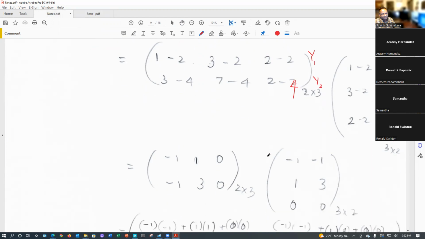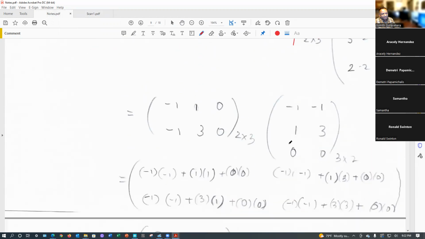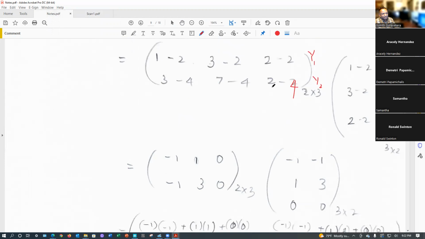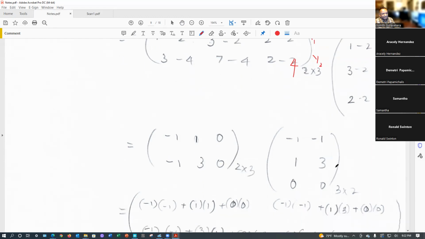It should be 4. 3 minus 4, 7 minus 4. Then I'm going to flip it. Row becomes column, row becomes column. Minus 1, 1, 0, minus 1, 3, 0, 2 by 3. This one becomes its counterpart. This should be minus 2.